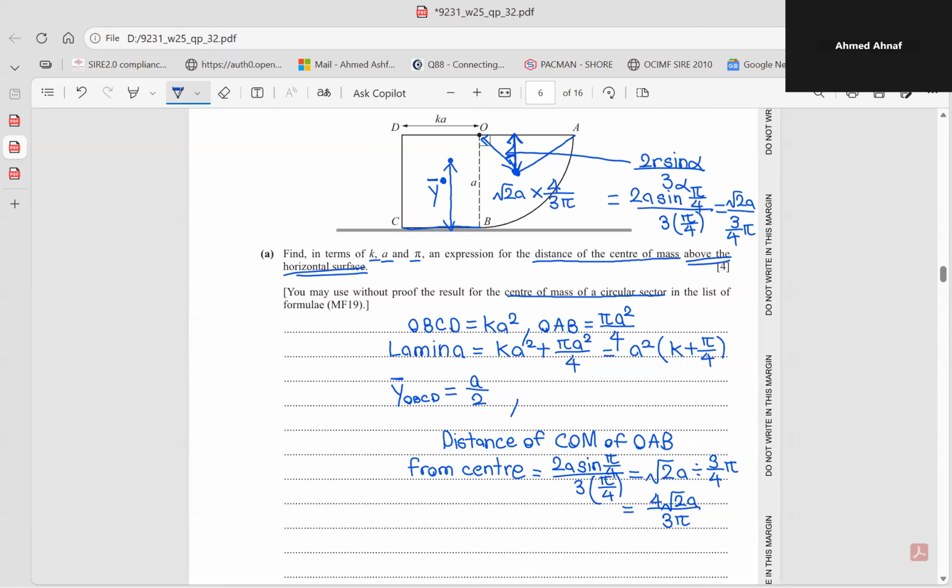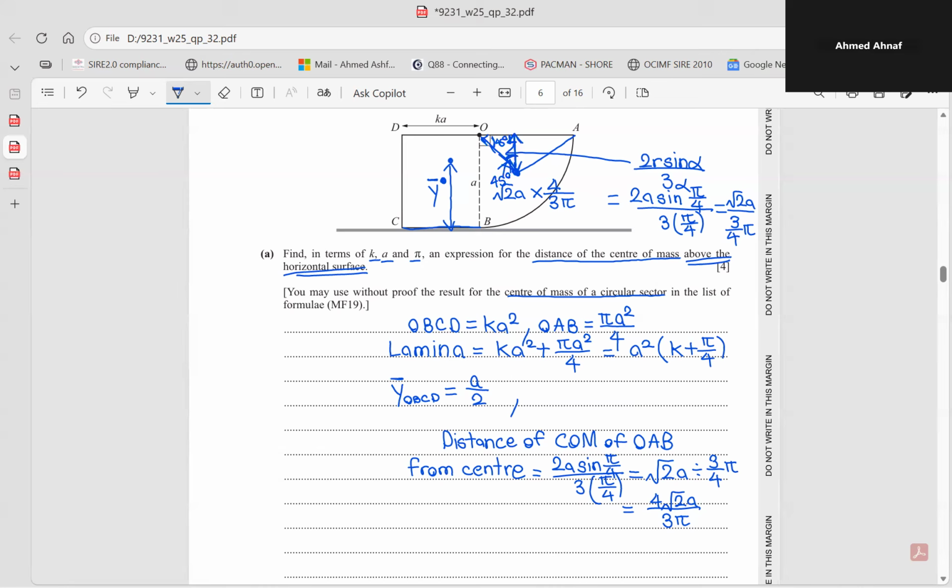One thing to know about the center of mass is that since it's in the dead center of the quarter circle, the angle it makes with this edge has to be 45 degrees. Since this is 90 degrees, this angle right here is also 45 degrees.